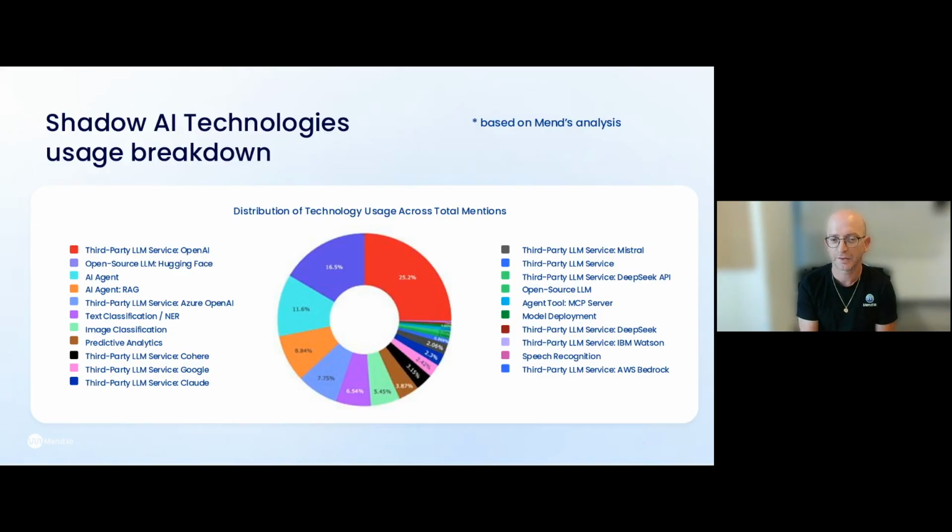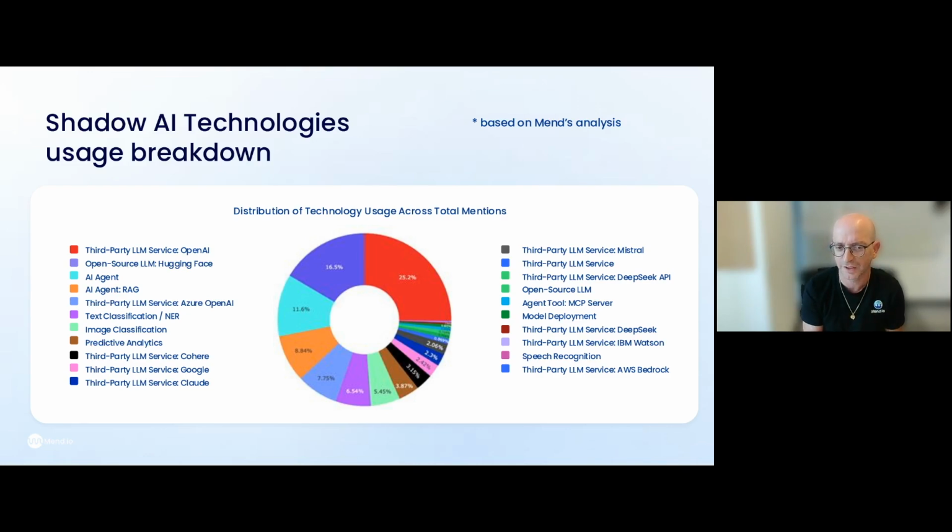Just to share how common this is, and the explosion, this is real statistics from our customers about the usage. As you can see, there is a very long list of different types of AI technologies being used.